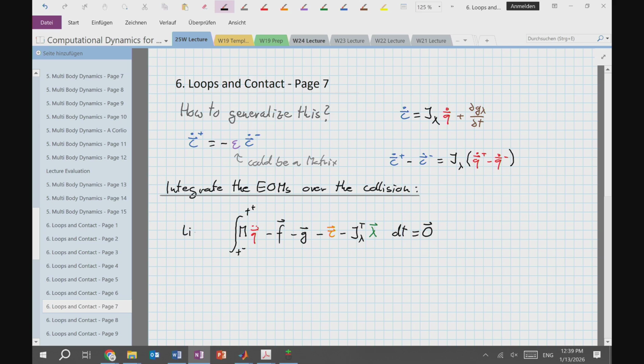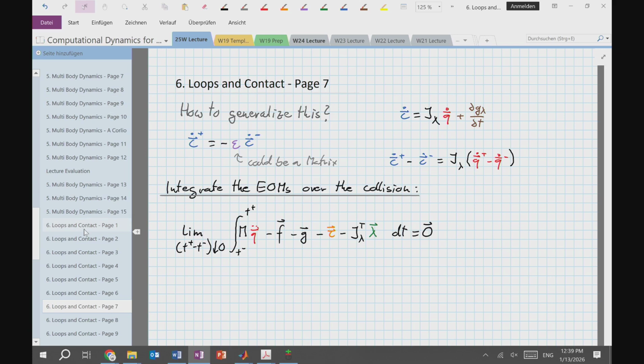And then we look at the limiting case where the difference between t plus and t minus approaches 0 from above.